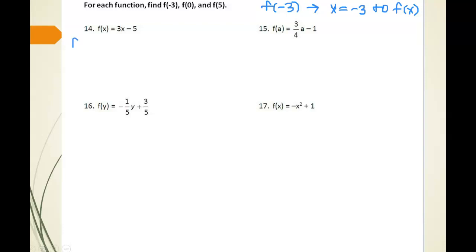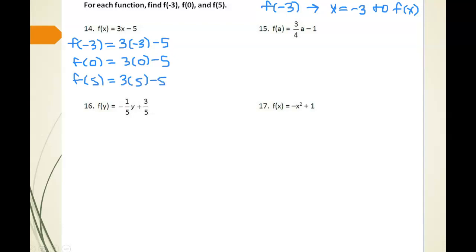So that would become f of -3 equals 3 times -3 minus 5. F of 0 would tell you to plug in 0 for every x. And f of 5 tells you to plug in 5 for every x. So it isn't changing the rules, it's just changing the notation.